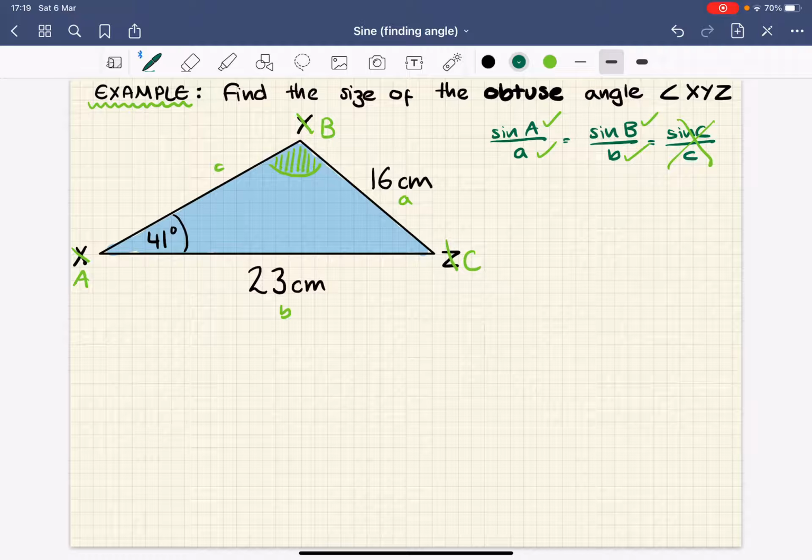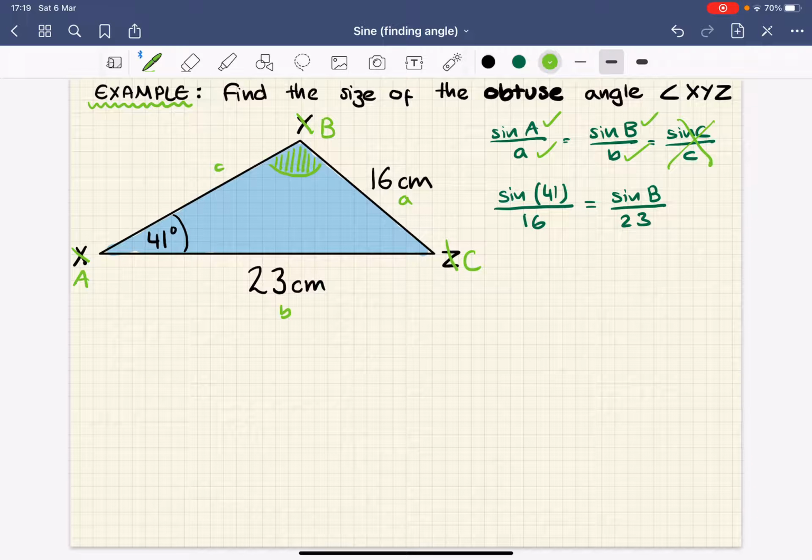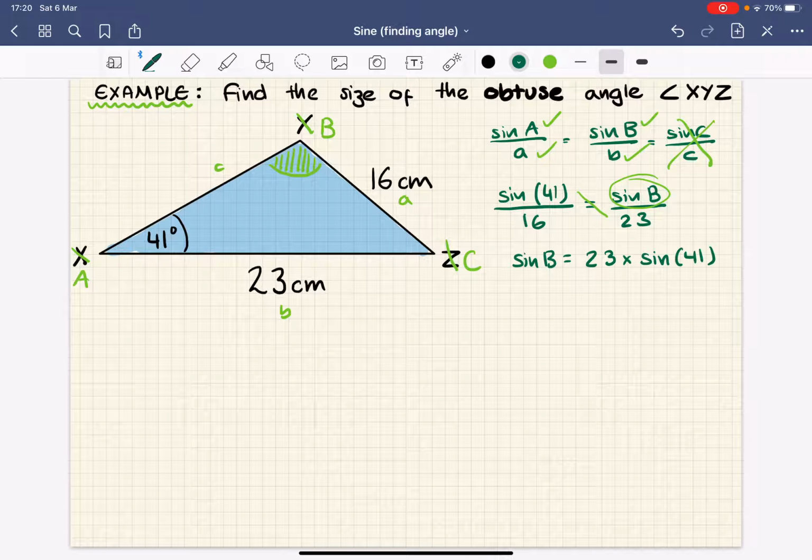So then doing all my substitution, that's going to be sine 41 all over 16 equals sine B over 23. Doing my rearranging, circle what I want. Multiply across that diagonal. And then divide by the last thing on the bottom.